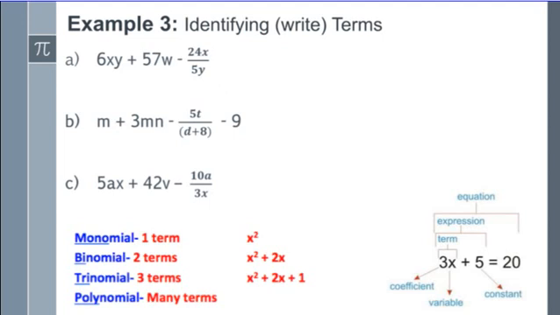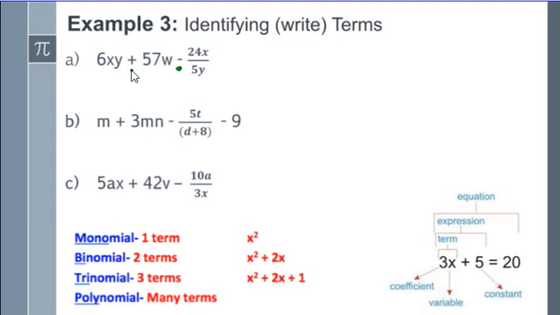Example 3, identifying or writing the terms. To save some time on this video, I'm just going to underline or put a box around my terms. Remember, a term is always separated by plus and minus signs. So that's what I'm going to be looking for. In letter A, I see a plus here and I see a minus here.